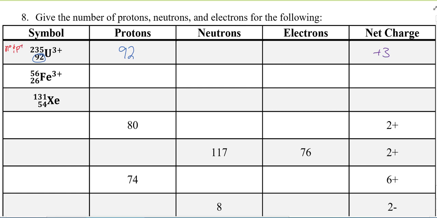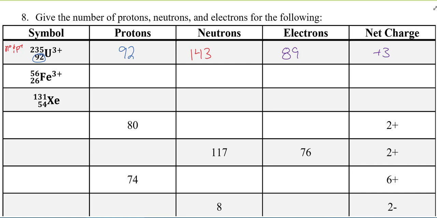So you would take the 235 minus the 92, and you would get 143 neutrons. Electrons. I have 3 less electrons than protons. That would be 89 electrons. So that's the protons, neutrons, and electrons of uranium 3+. That weighs 235.